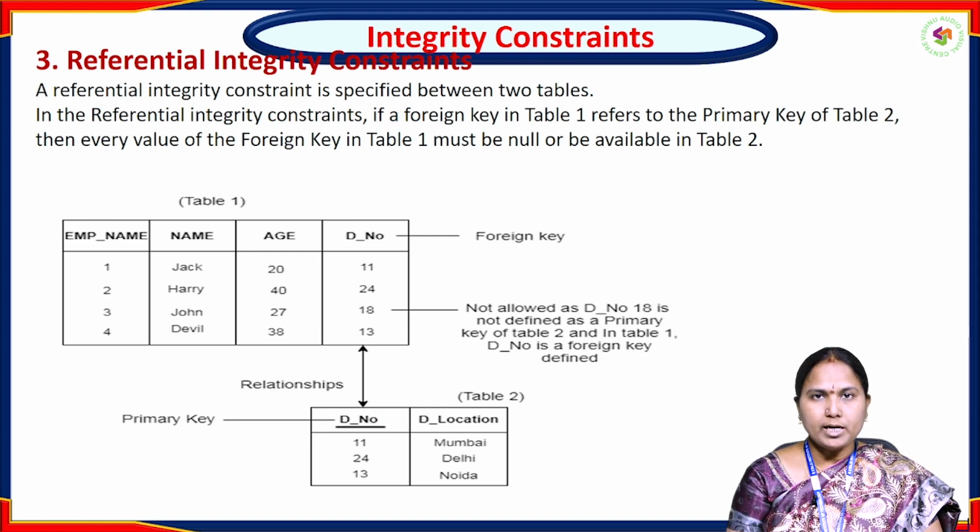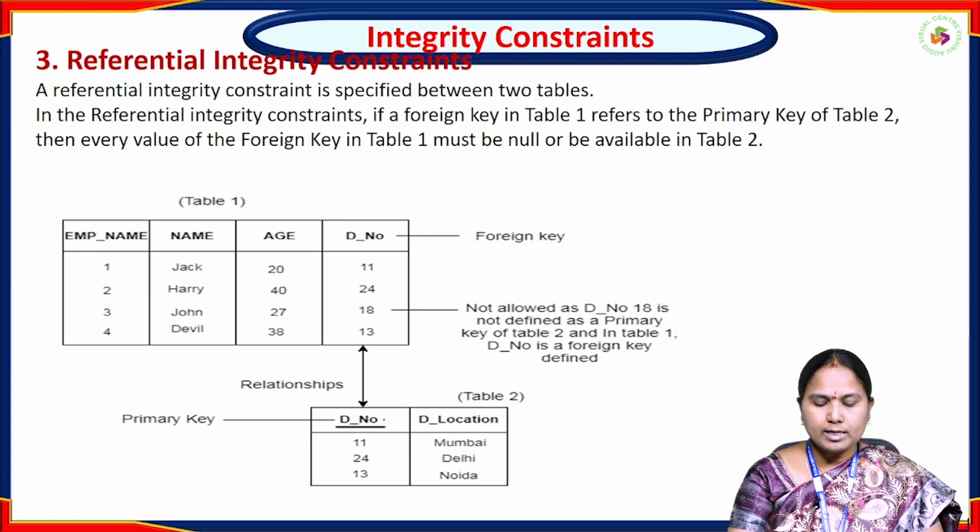What is the main feature of the referential integrity constraint? The referenced tables must have a common column and must be defined with primary key. Then only, with reference to that common column, we can establish a relationship between these two tables.